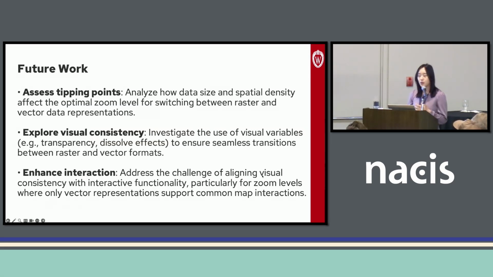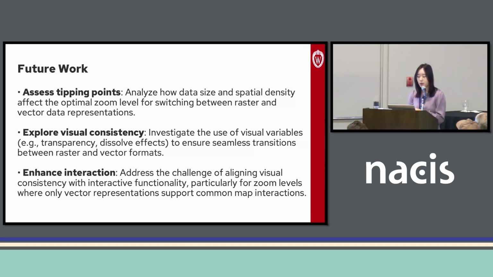The work just kicked off at the beginning of July, so it's still at a very early stage. Some future work I hope to incorporate: first is assessing the tipping points, analyzing how the data set and spatial density affect the optimal zoom level for switching between raster and vector layers.